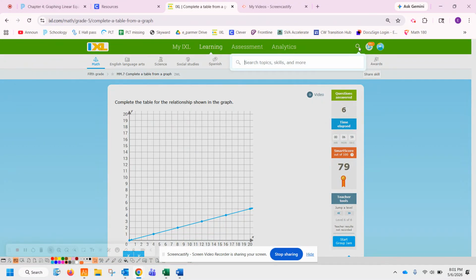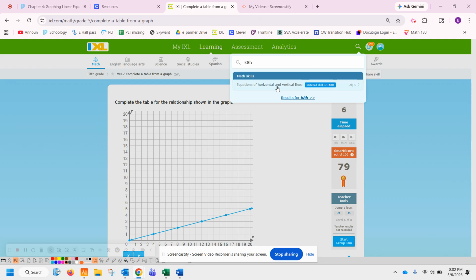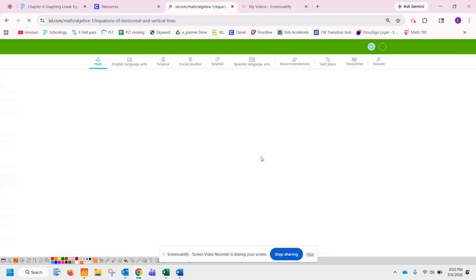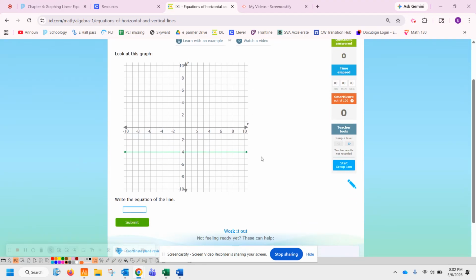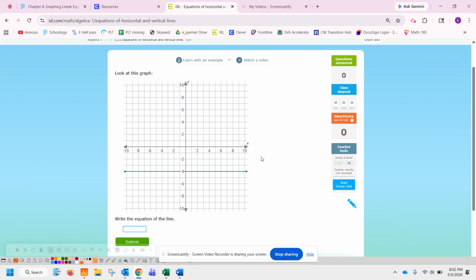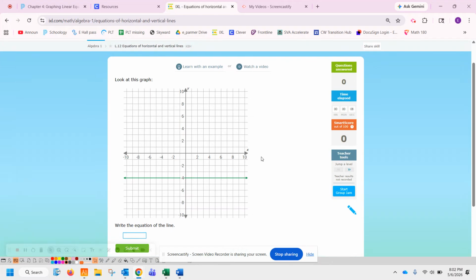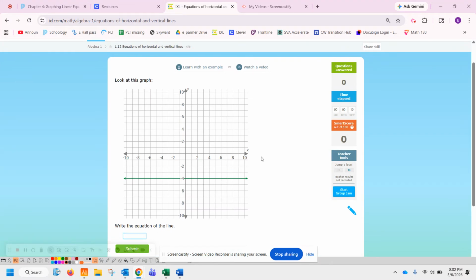Okay. The first one is K8H, and these are going to be equations of horizontal and vertical lines. What a lot of people forget when they're doing this particular IXL is that a lot of them just put -4.